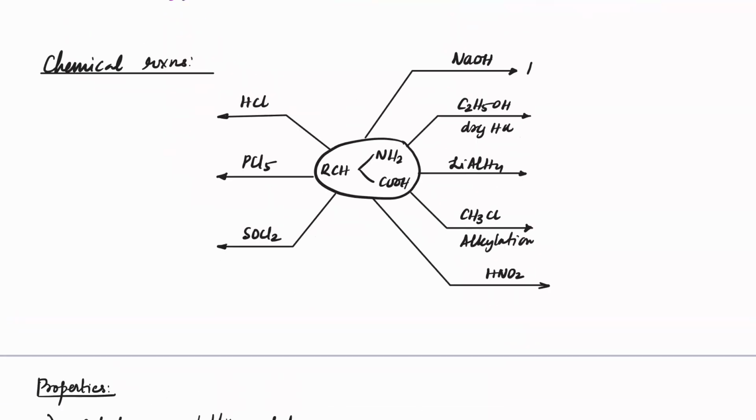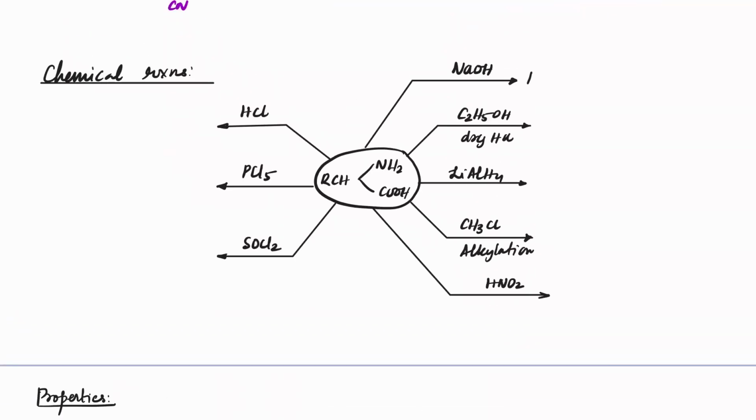Now, what are all the chemical reactions you will notice? First, amino acids when you react with NaOH, so typically it's an acid-base reaction, I'll get RCH with NH2 and COO minus.